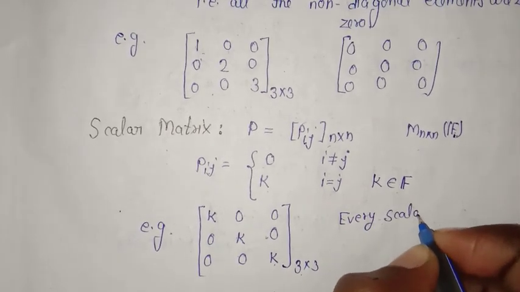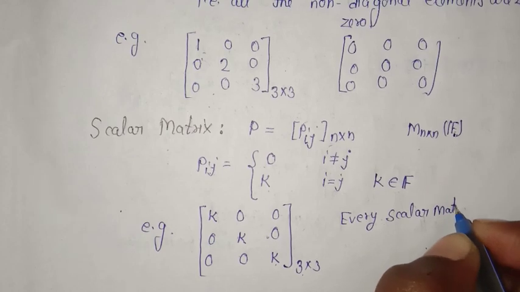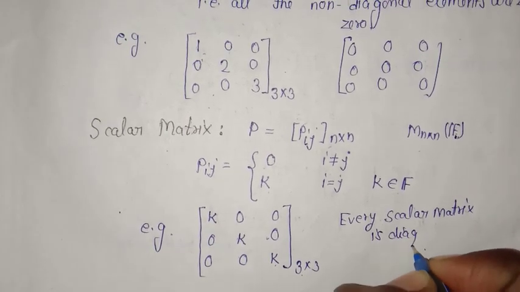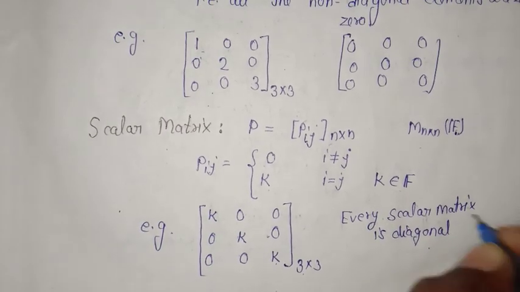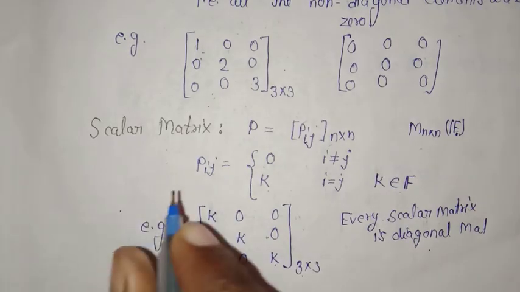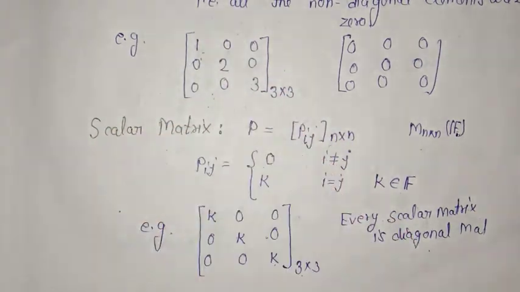Every scalar matrix is a diagonal matrix, but the converse need not be true, because this matrix is diagonal but it is not scalar, since the value of the diagonal elements is not the same everywhere.